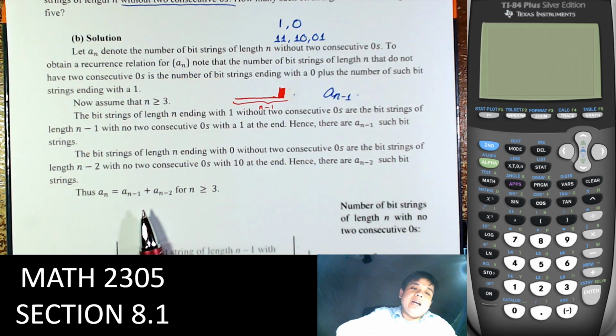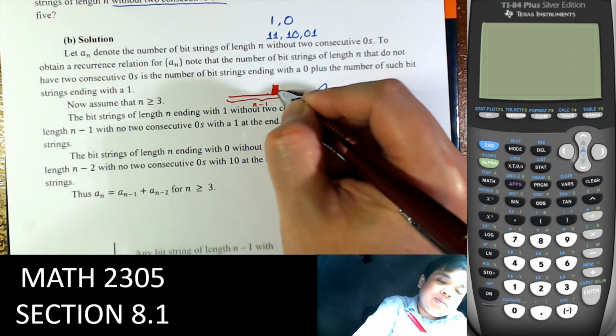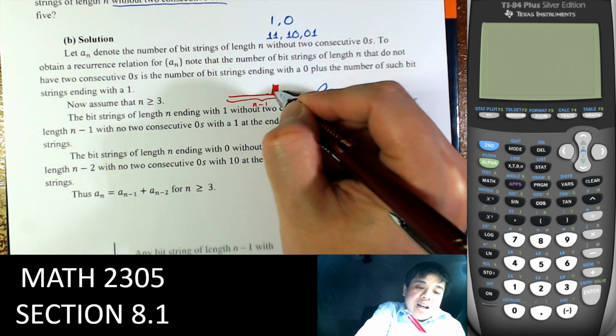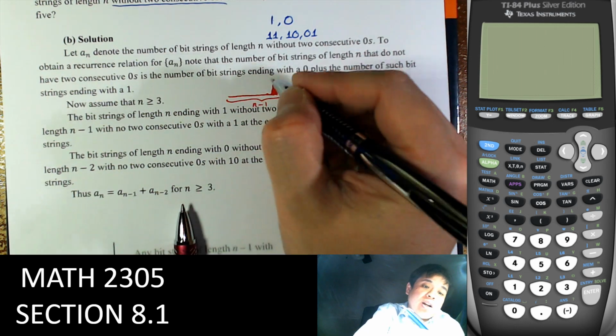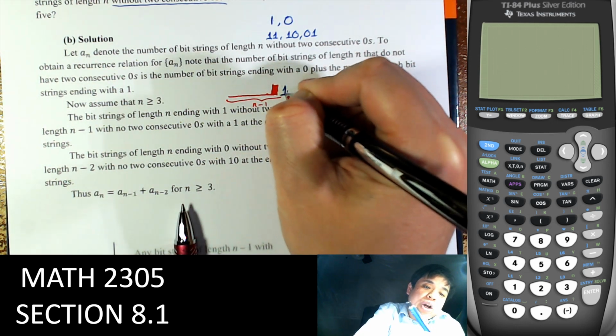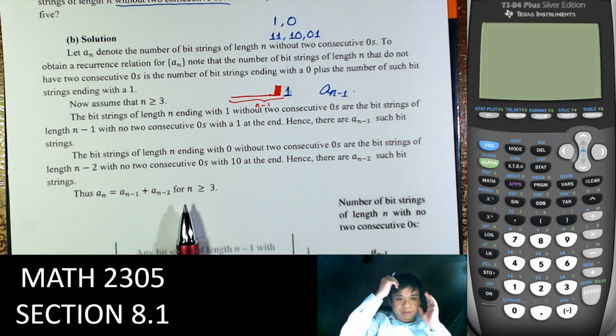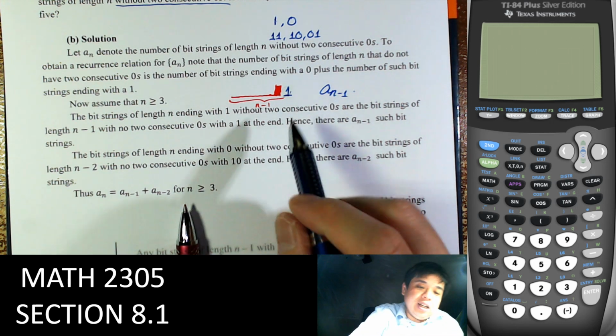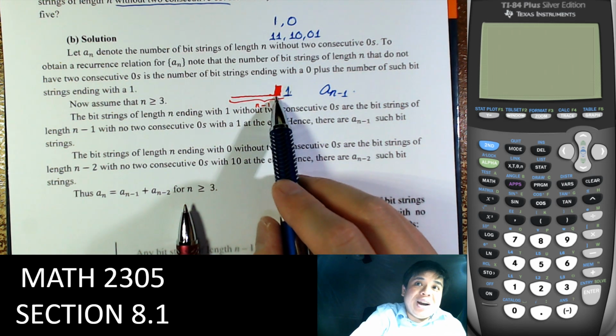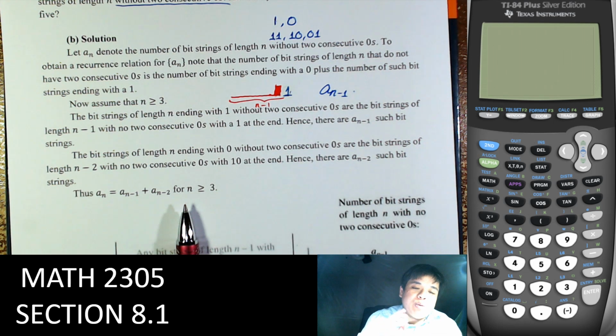Right. So we have an n minus 1 string, and the last one, if it's 1 or 0, doesn't matter. If we put 1 at the end, we're not going to have consecutive 0s, right? It could be 0, it could be 1, doesn't matter. We just put 1 there, so that would be no consecutive zeros. So that's good. So we have a sub n minus 1 of those.